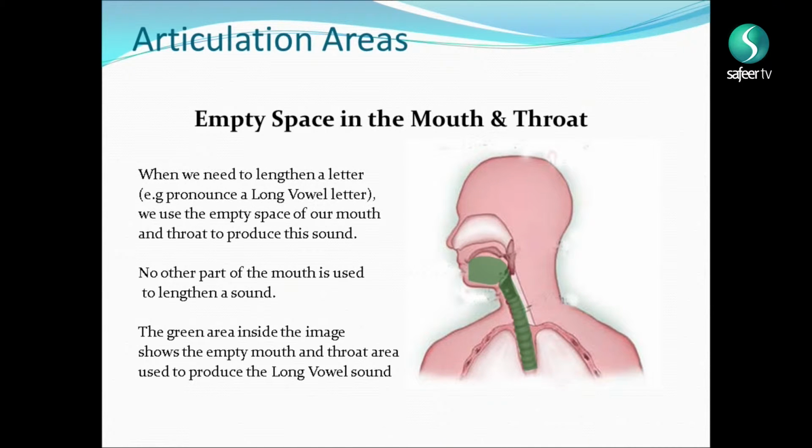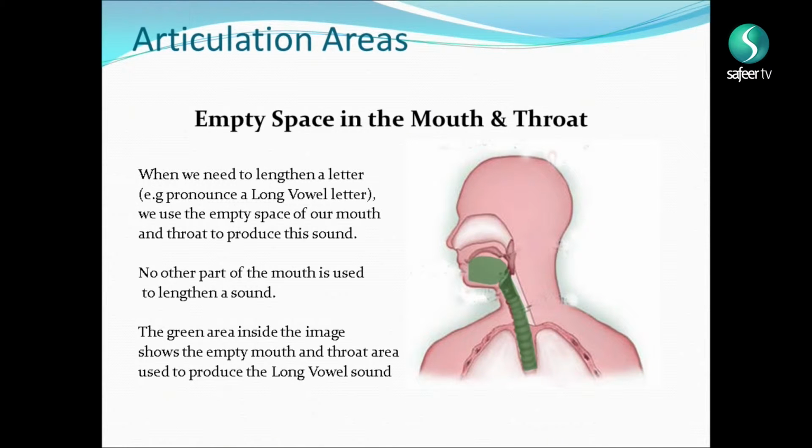So that is used for long vowels and short vowels. The green color is specifically for vowels, long or short. So that is the empty space in the mouth and throat.